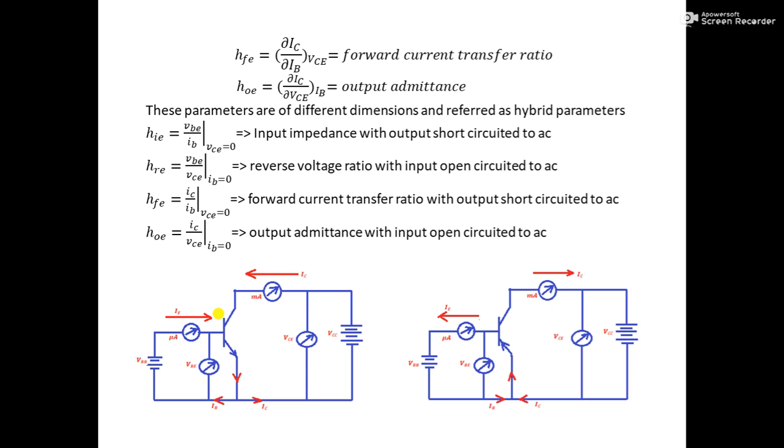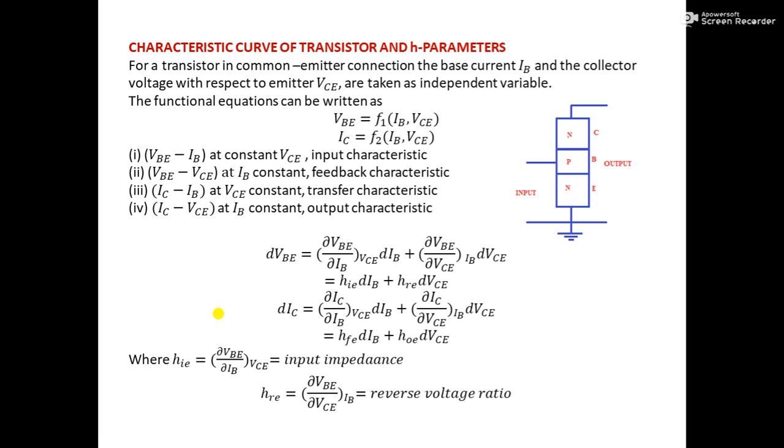The input characteristic is the variation of IB with VBE. So the variation is here, but the parameter taken is VCE, which is the reverse bias voltage.